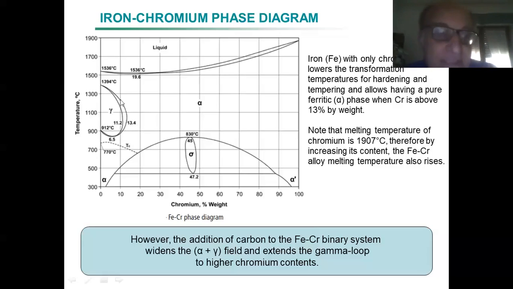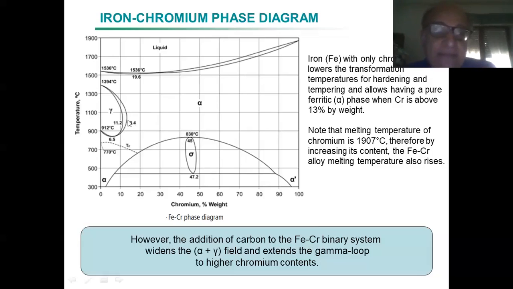But it would expand if we put more carbon. In practical cases, we might have a mixture of ferrite and austenite in some steel due to the presence of more carbon. I hope it's not too confusing, but I will come back to that later.